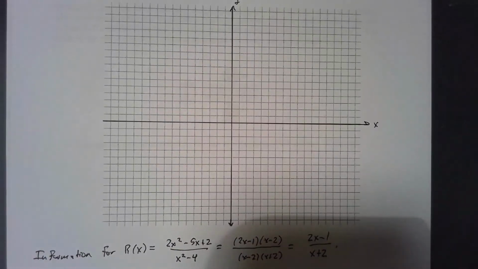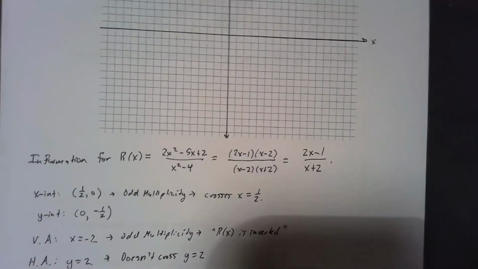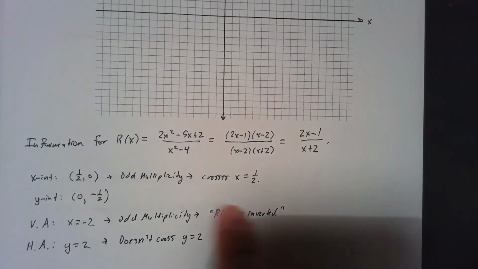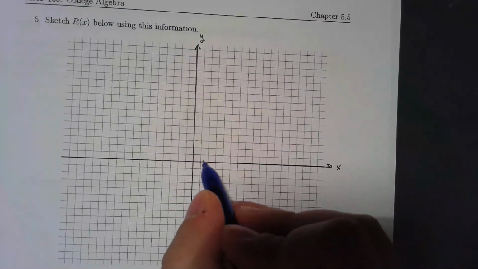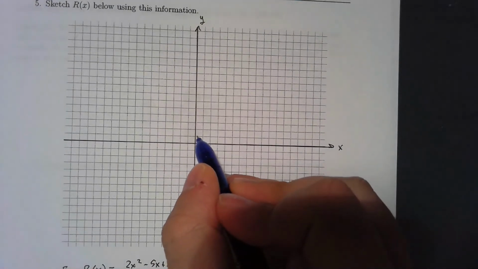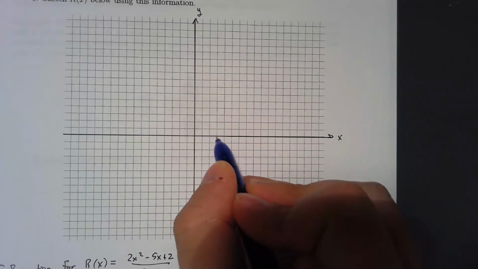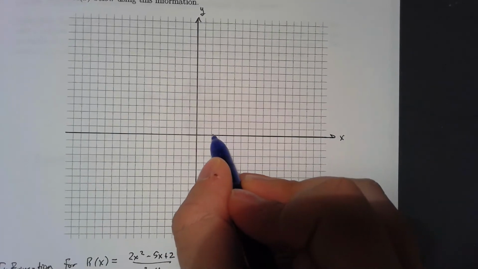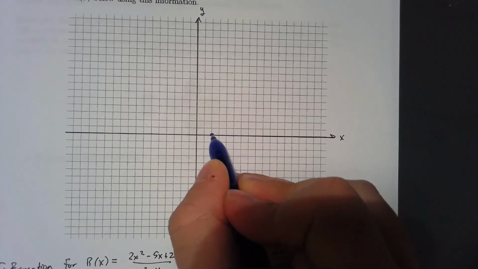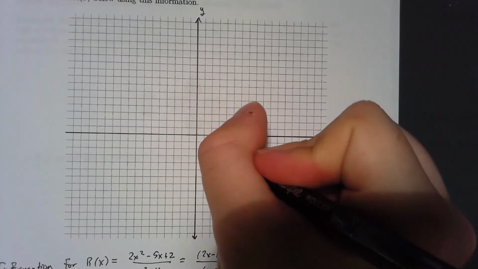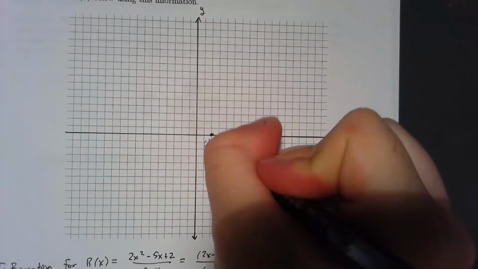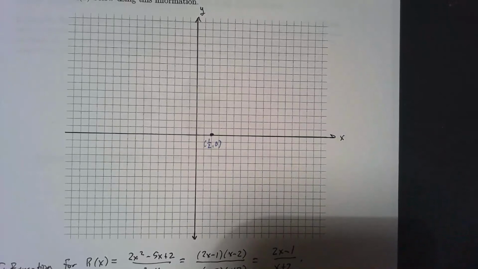All right, what are my x-intercepts, y-intercepts? The x-intercept is 1/2 comma 0. So if I went in increments of 4 for 1, 1, 2, 3, 4, that was 1, then that will be 1/2 comma 0. That's my x-intercept.